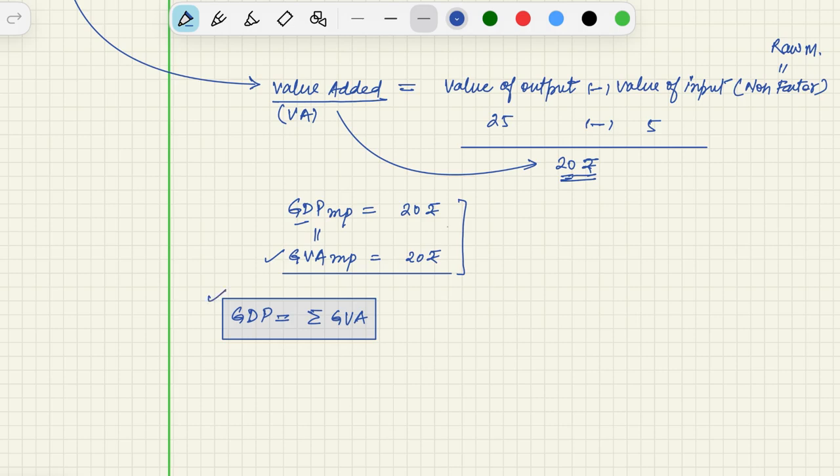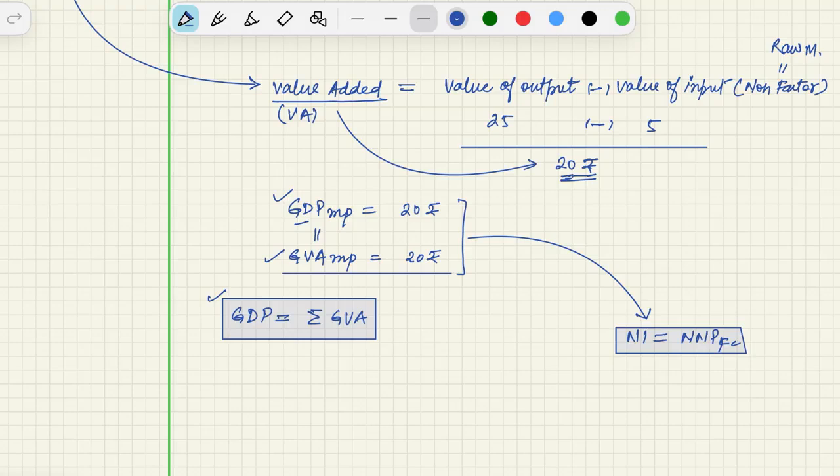Okay, so now we have received the value of GDPMP and GVAMP. So how do we calculate national income from here? That is the question. Because national income is NNP at factor cost, and we have received the value of GDP at MP.